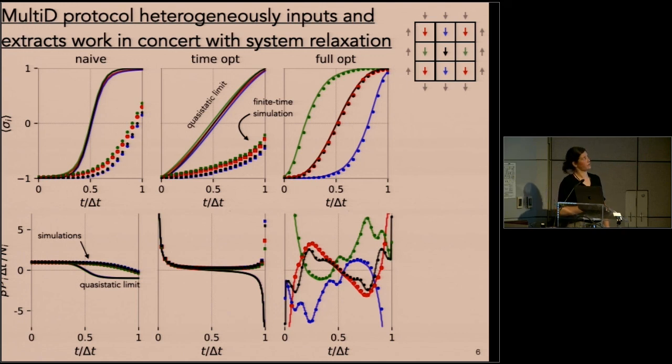And we see in the naive and time-optimized protocols, basically, the controller is dumping work in and then extracting it out. But it's doing the same thing to all of the different spins. Whereas in the fully optimized protocol, there's a much more elaborate schedule, and each spin is kind of being pushed on in accordance with its system relaxation.